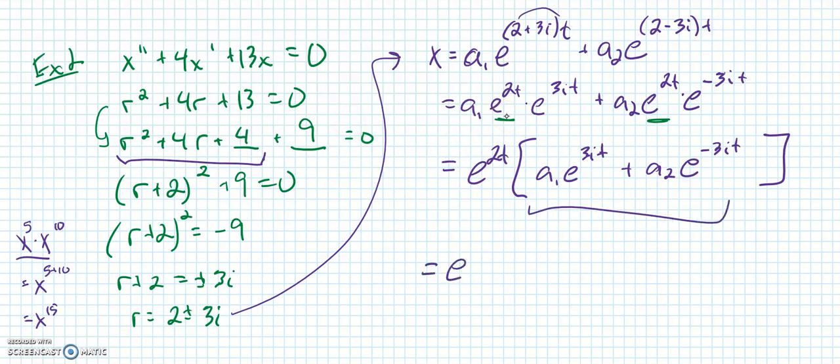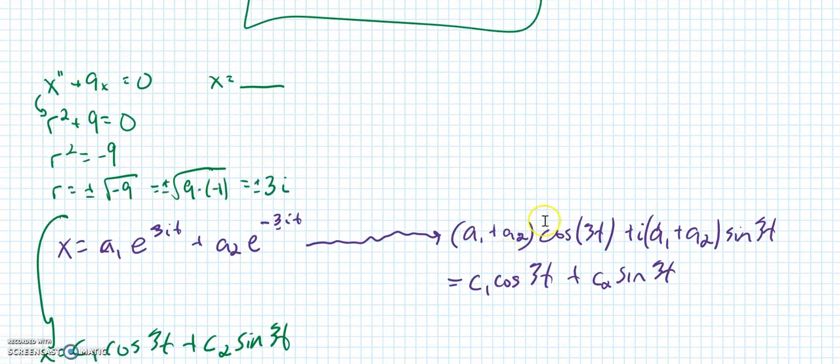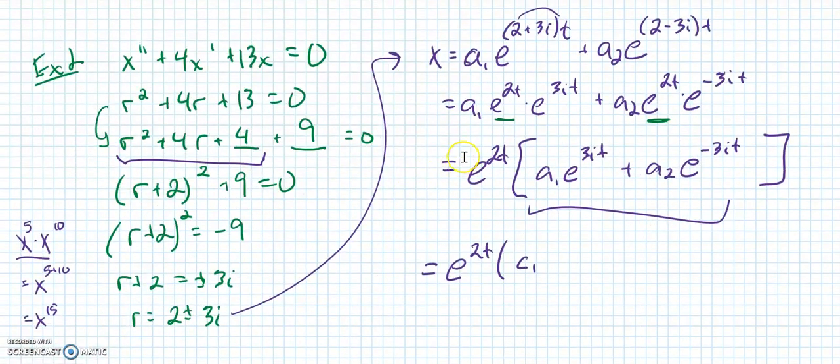So I get e to the 2t times, I'll write my cosine first, c1. Remember, we'll do all this little magic conjugate pair stuff, right? With Euler's formula, c1 cosine of 3t plus c2 sine of 3t.